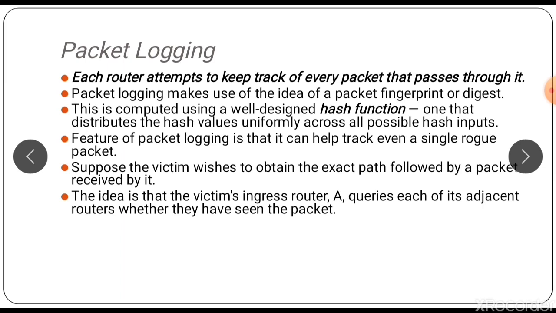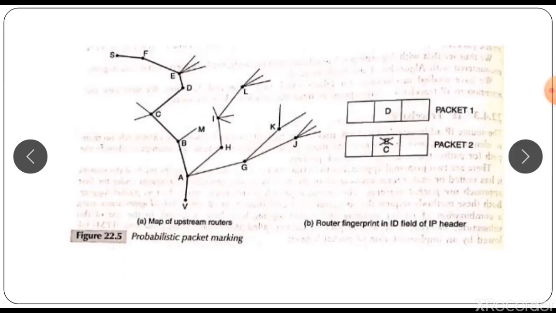First, we will assume that each router will store each packet received by it in the last 5 minutes. Suppose the victim wishes to obtain the exact path followed by a packet received by it. The idea is that the victim's ingress router, for example A, will query each of its adjacent routers whether they have seen that packet. In this example, consider A wishes to trace back the path of the packet.